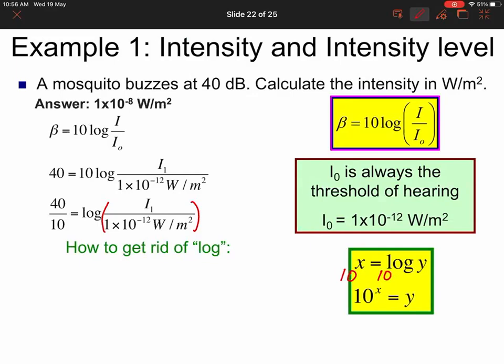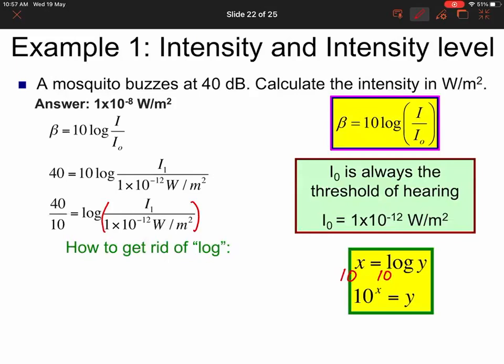This base 10 will cancel out the log. So 10 exponent log y is just equal to y. 10 exponent x remains as 10 exponent x. We saw this yesterday.